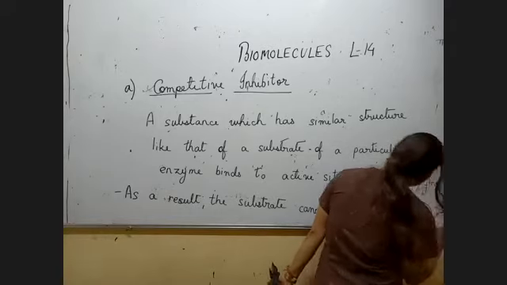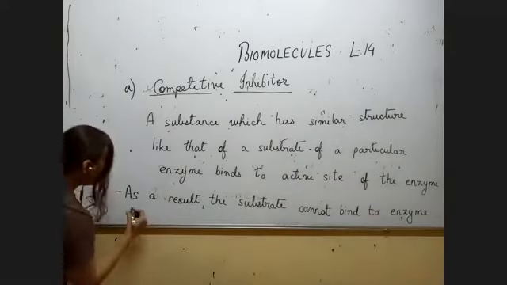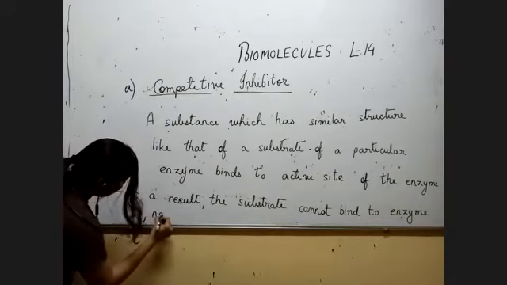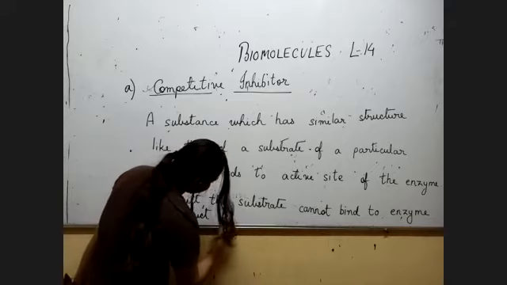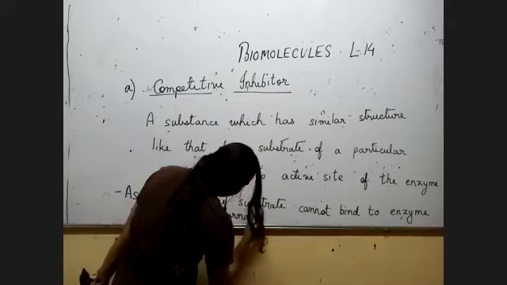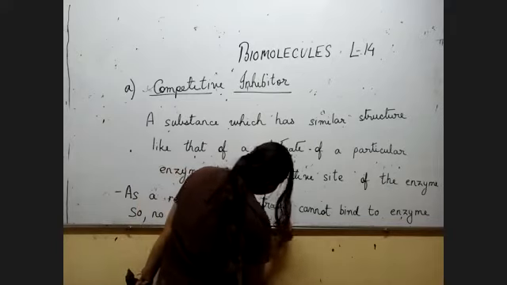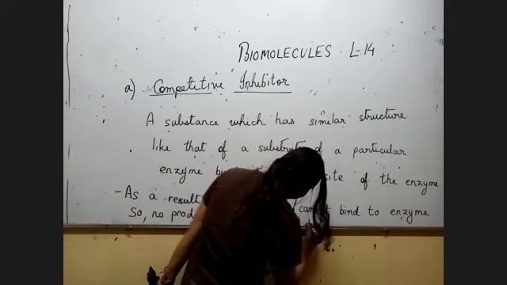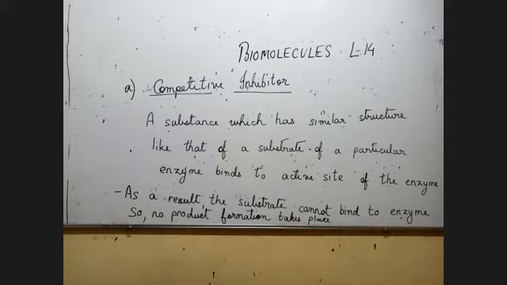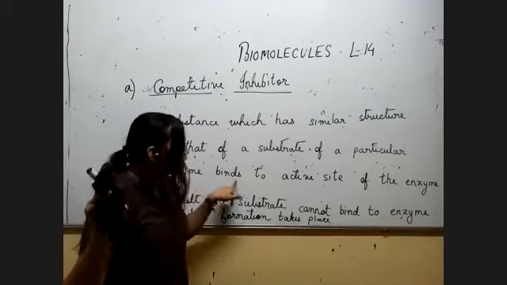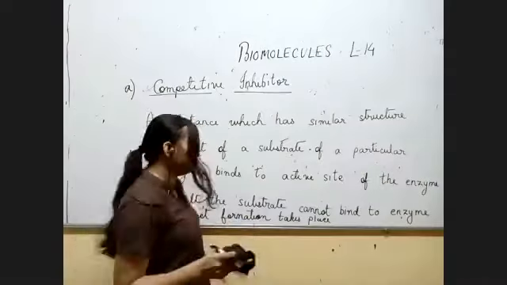As a result, the substrate cannot bind to the enzyme, so no product formation takes place. In case of competitive inhibitor, a substance which has similar structure like that of a substrate of a particular enzyme binds to the active site of the enzyme.